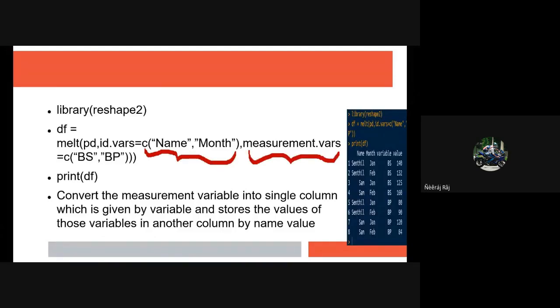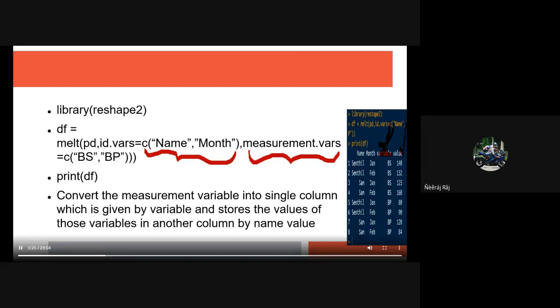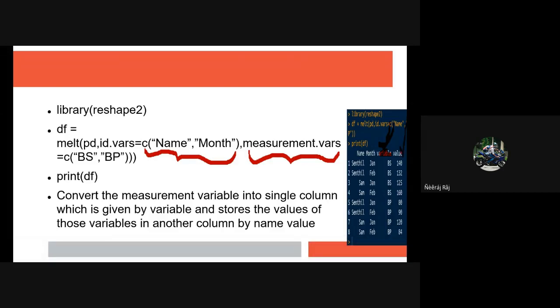The measurement variables are combined into a single column, given by variable, and the values of these variables are stored in the value column. That is, the value of BS is 140.